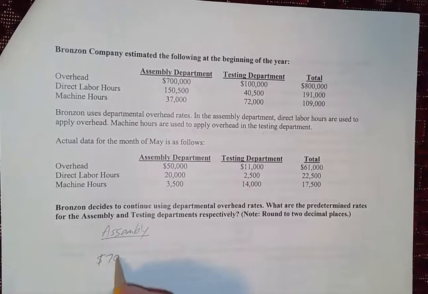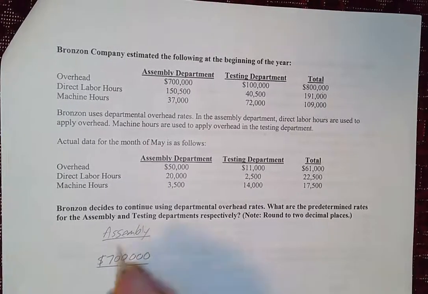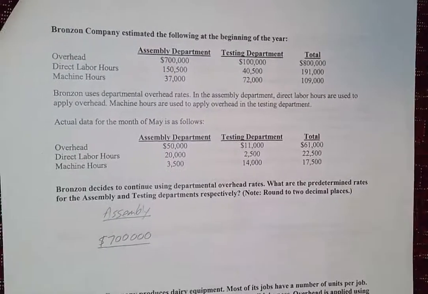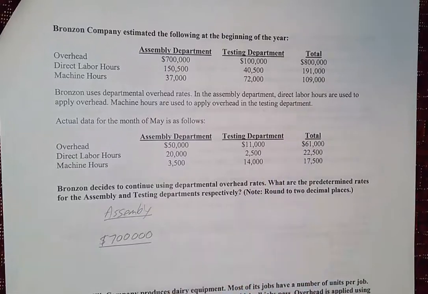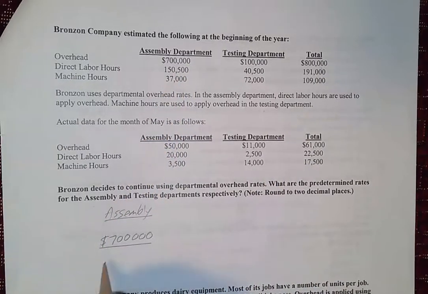So the estimated overhead amount, again, as with a plant-wide rate, is also true when we're using departmental rates. The amount of estimated overhead, this time for the department, is going to be our numerator. And they've told us that in the assembly department, we're going to use direct labor hours, and they are right here, 150,500.